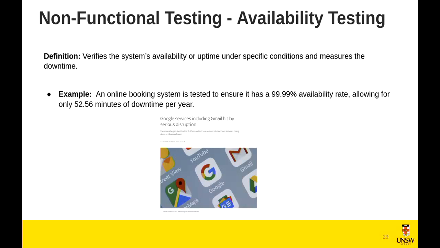And sometimes for web CMS, we may have availability issues if the servers in CSE are not running properly. So availability testing is important here to ensure that the service is always there when the user wants to use it.